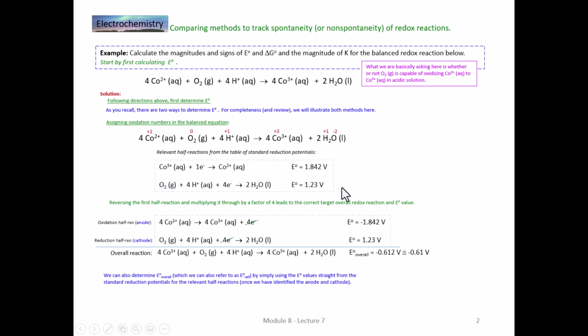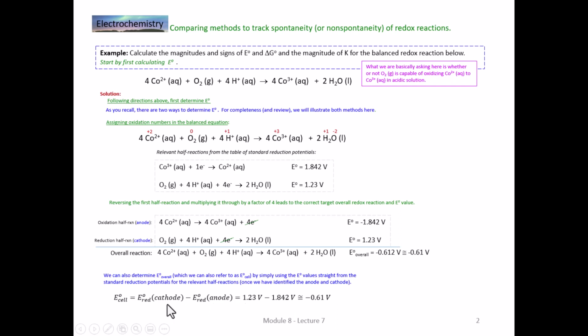Now, I had said before we'd, for review, compare our two methods for getting E0. Remember, we can just use this formula. The overall E cell, or the E of the reaction, is equal to the reduction potential that you read right off the table for the cathode minus the reduction potential for the anode, just reading the values right off the table.